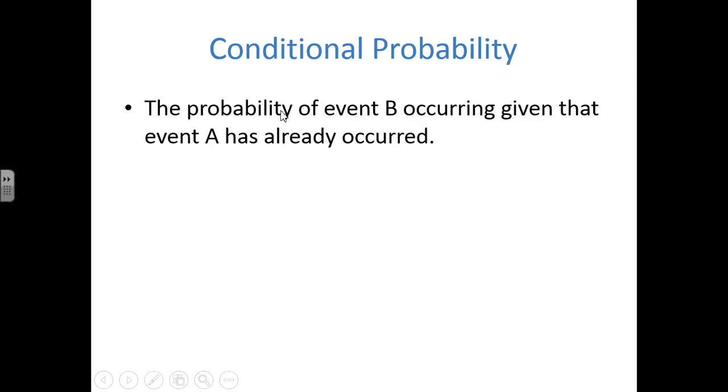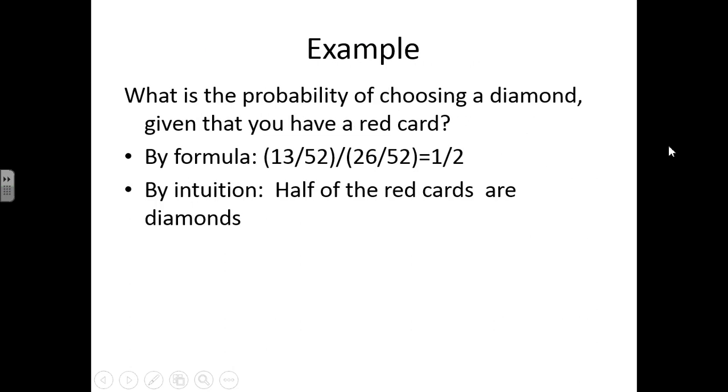Conditional probability. The probability of B occurring given that A has already occurred is equal to the probability of A and B both occurring divided by the probability of A. For example, what's the probability of choosing a diamond given that you have a red card?